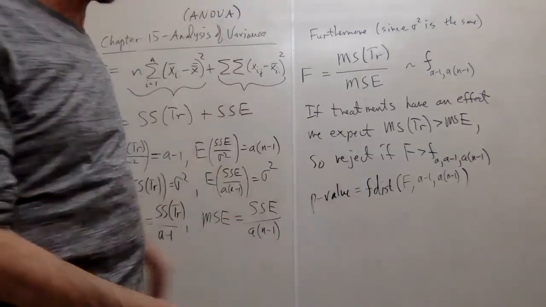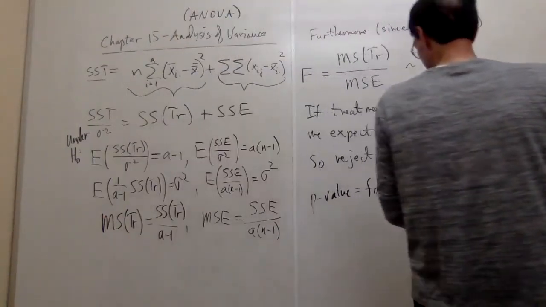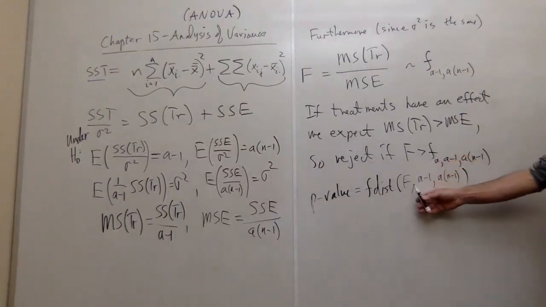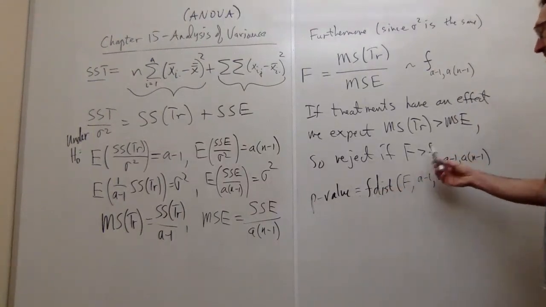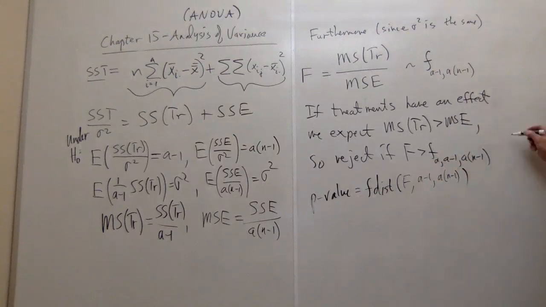And we can ignore all of that if we are just willing to use Excel. Here is using Excel to find the p-value. You could find the critical value by using FINV. So this number is, I believe, FINV of alpha, A minus 1, A times N minus 1.